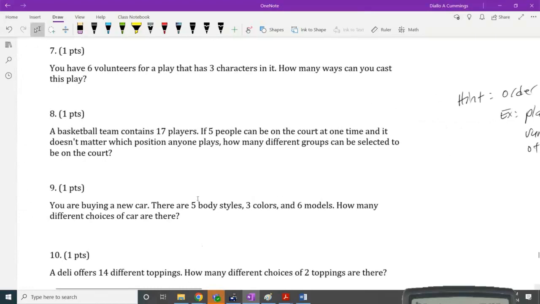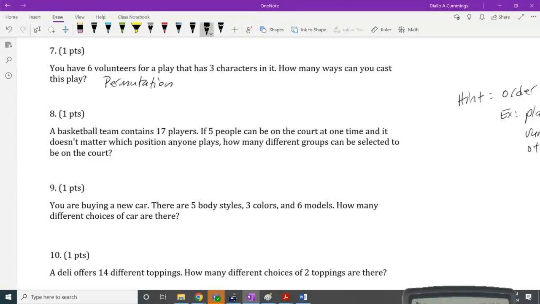For number 7, it says if you have 6 volunteers for a play that has 3 characters in it, how many ways can you cast a play? Is that an example of a permutation or a combination? Since we're talking about a play, that should be a permutation.